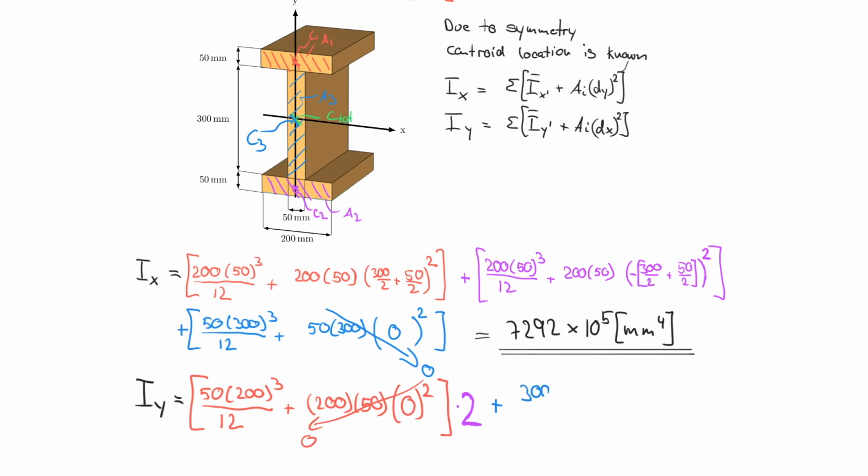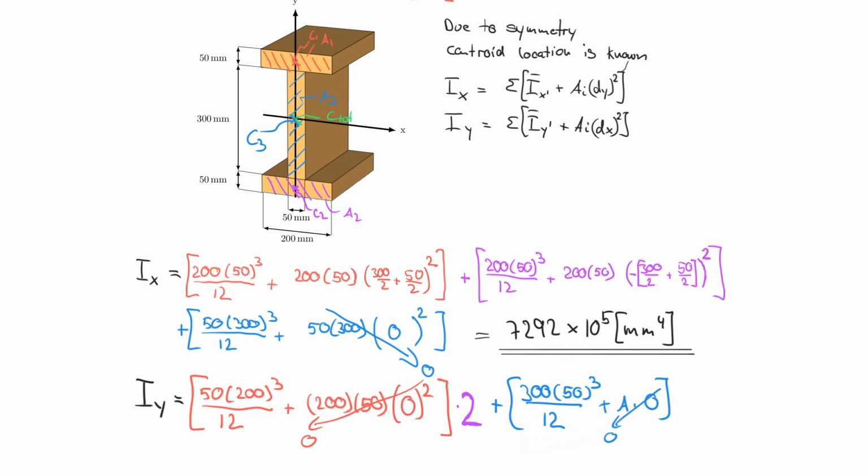So 300 times 50 cubed divided by 12, and then plus area times 0 again. So this goes to 0 again. Once again, the centroid locations coincide with each other, so this goes to 0. I don't have to worry about that.